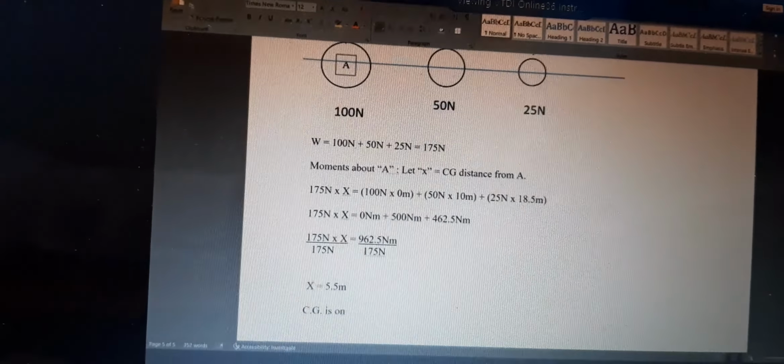You're just going to label it to say it's on the line ABC in this case, at a point 5.5 meters from A. You could even say it is on the horizontal line if you want to be so specific, but it's clear that it's on the horizontal line. Or you could say it's on the x-axis at a point of such from A. And that is how you would work out the CG for this.